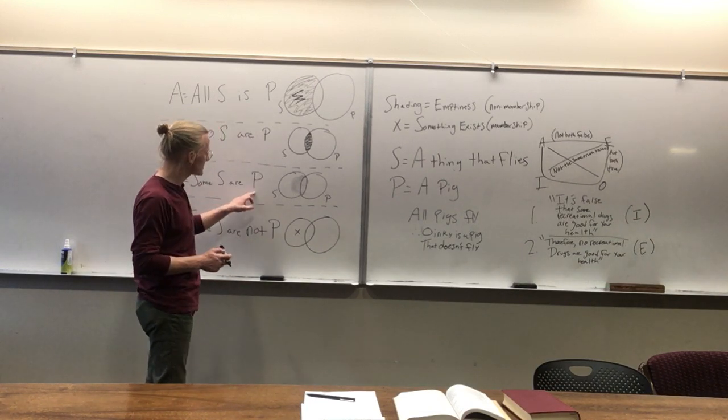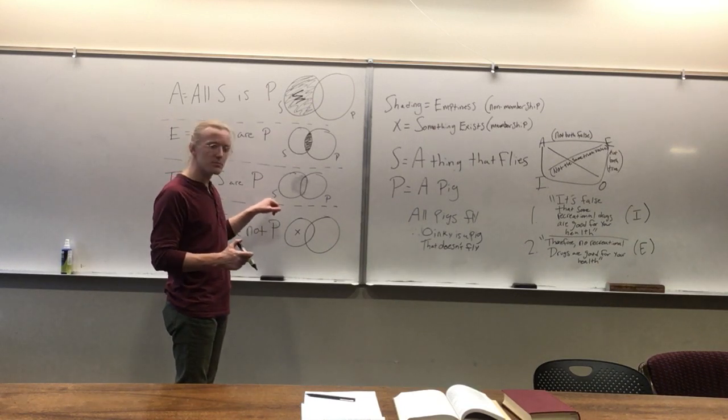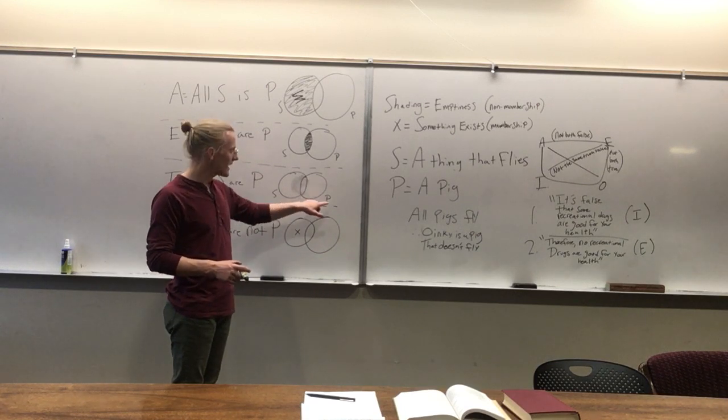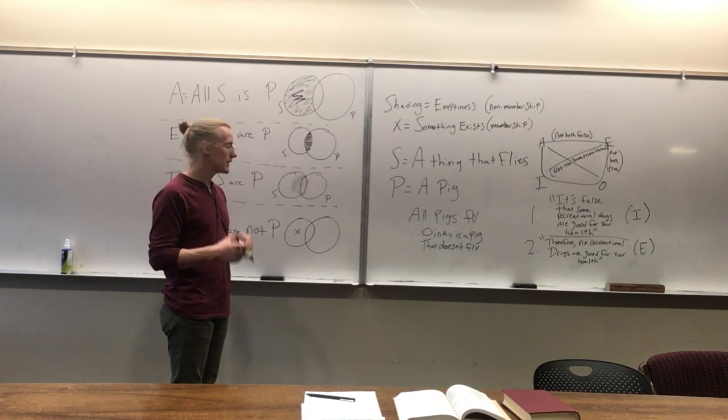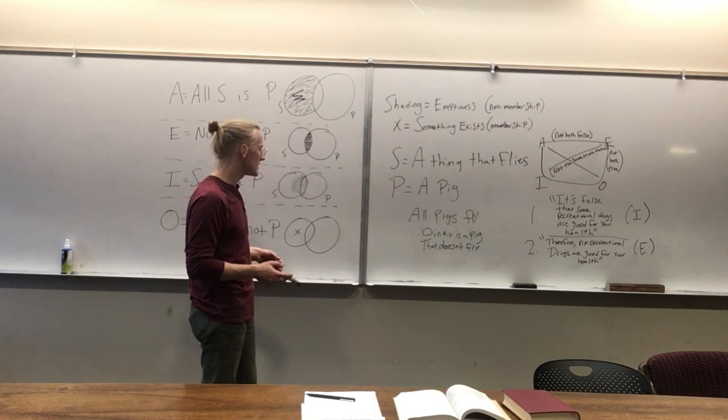So if some S is a P, what we're saying, given our existential import, is that there's some being, some subject out there of which both the predicate S and the predicate P are a part, right? Oinky is a pig that flies.